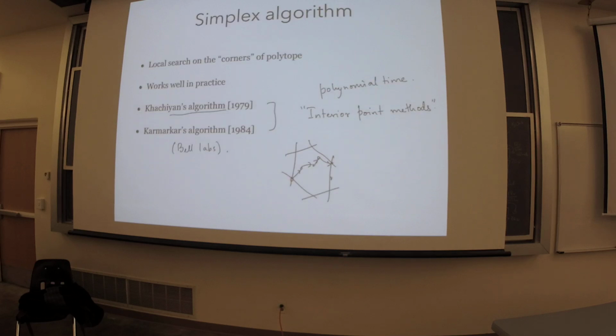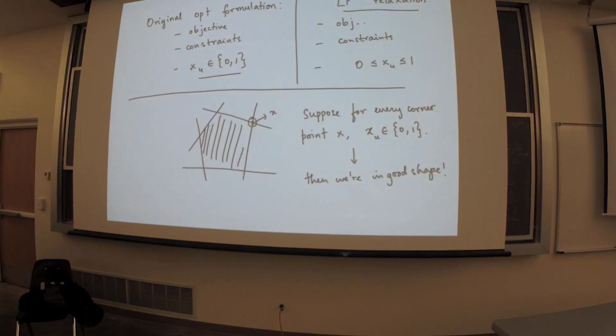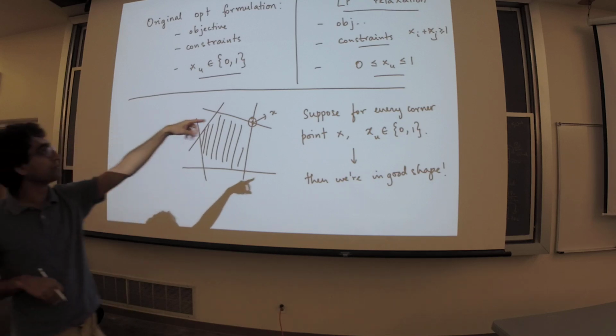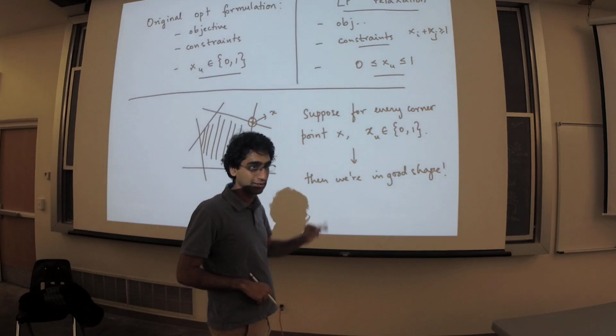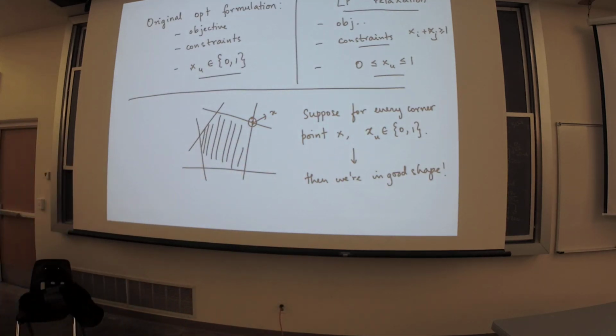So now, the problem is you have a bunch of constraints. And these are constraints of the form xi plus xj bigger than or equal to 1. And these are constraints of the form some xu less than or equal to 1, xu bigger than or equal to 0, and so on. Now, if you took the intersection of constraints of this kind, then it's great.